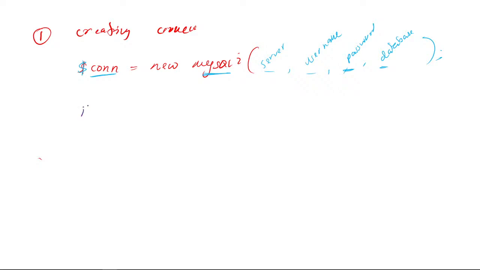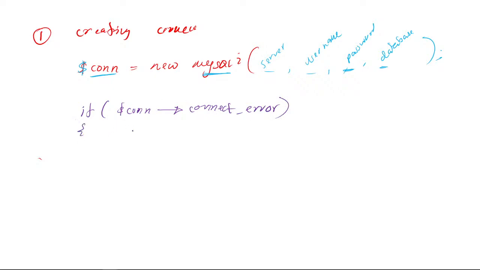To check that, we have a connection class. We will check whether this connection has an error or not. This could be done in different ways. We could take the connection error into a variable and check with that.